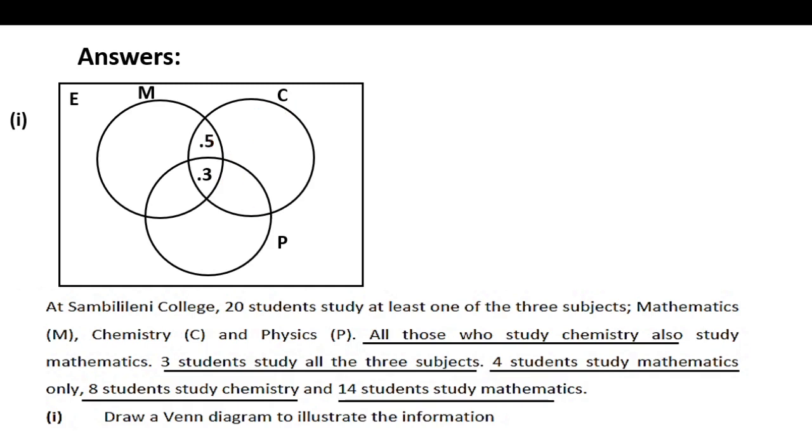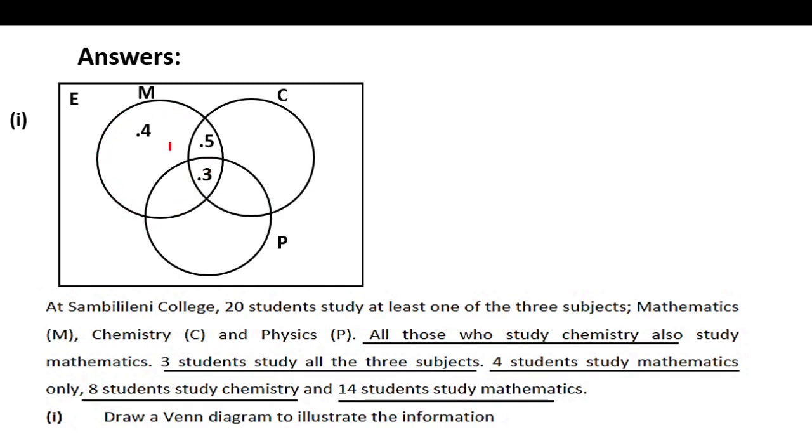All right. Then they're saying 4 students study mathematics only. So those who study mathematics only have to be put here. They're supposed to be 4. And here we have 14 students study mathematics. So 14 in total for those that study mathematics.